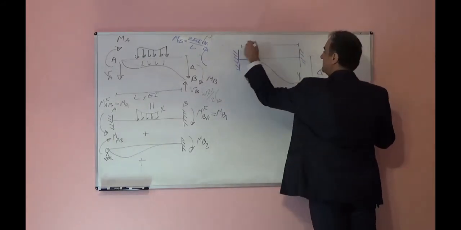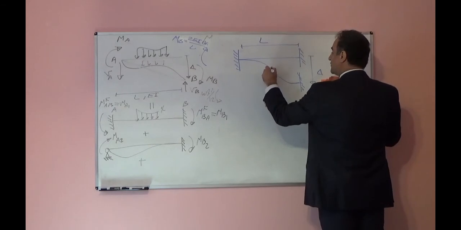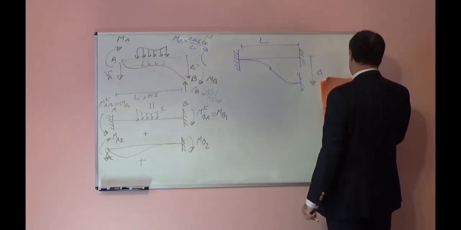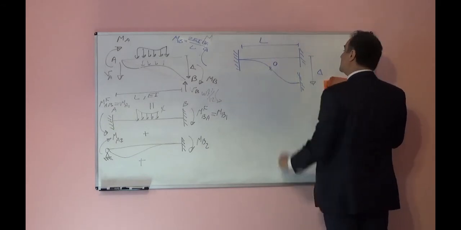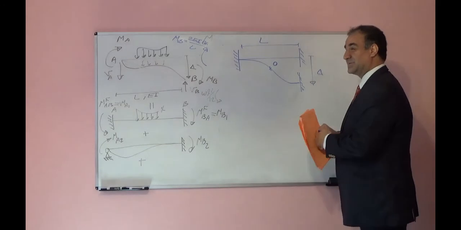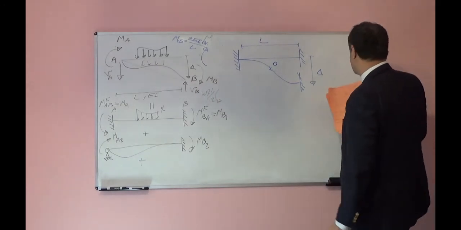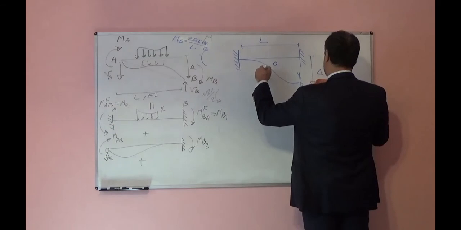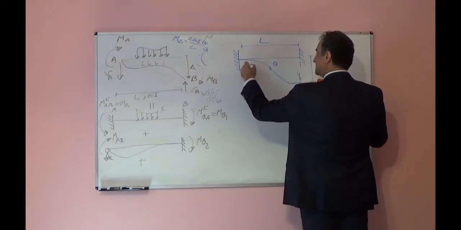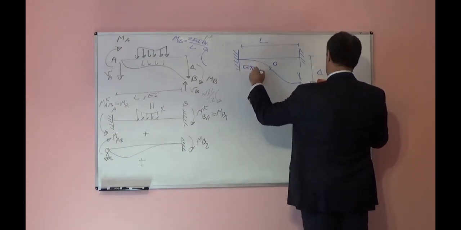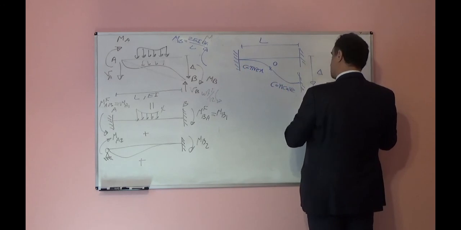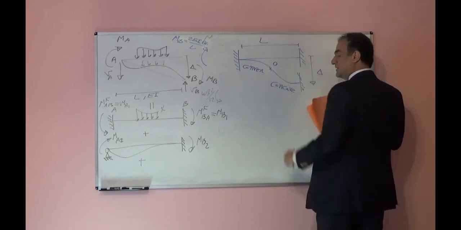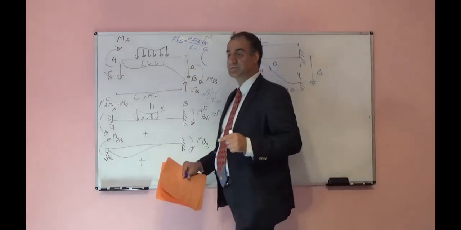This is L initially. So at L over 2, you see the curvature direction will change at this point. I call it point O. The curvature direction at point O will change. Here the curvature is a convex shape, but here the curvature is a concave shape. So from convex to concave, the curvature direction is changing.